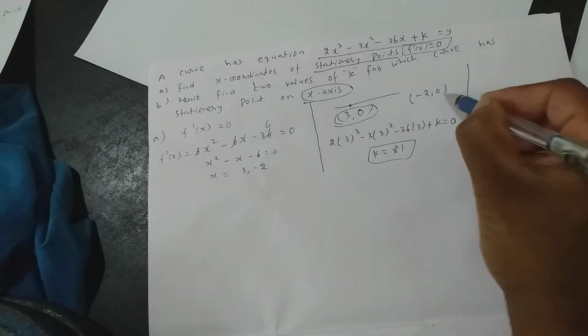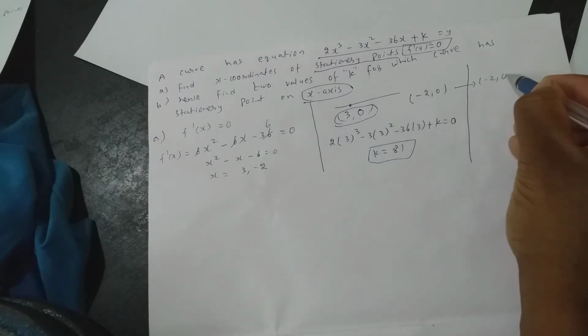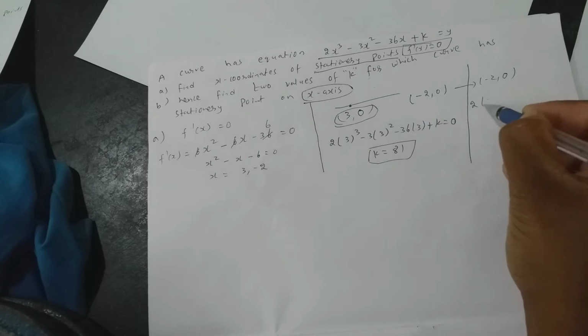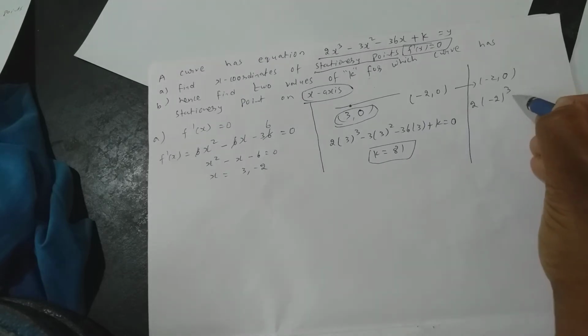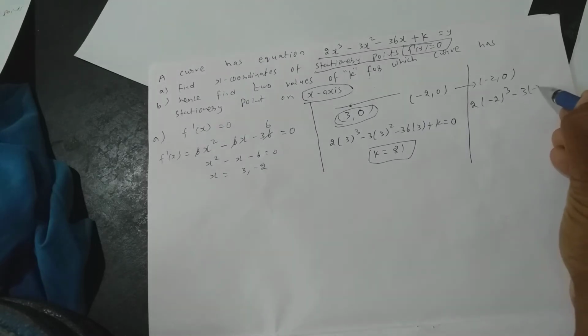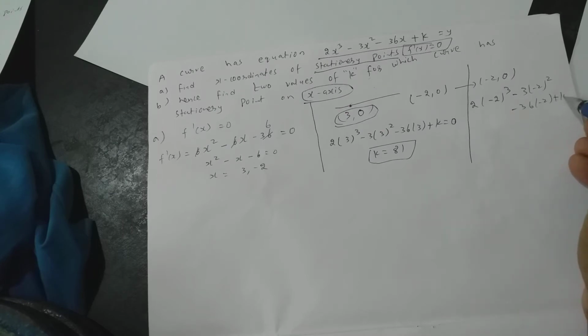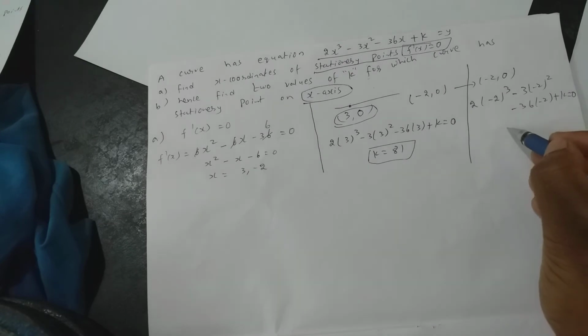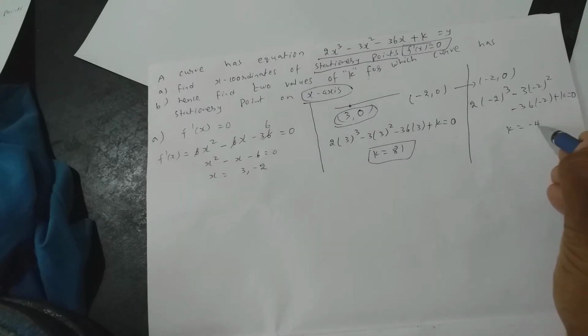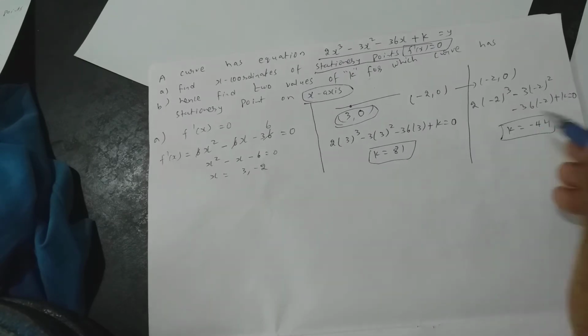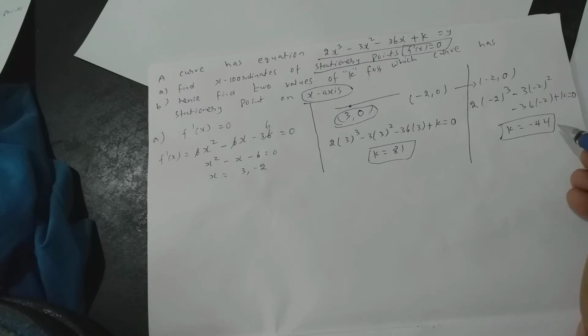Now when I put this point minus 2 comma 0, how much do I get? 2 into minus 2 whole cube minus 3 into minus 2 whole square minus 36 into minus 2 plus k equal to 0. The k value over here I get to be minus 44. Clear? These are the two values of k. Is the sum clearly understood?